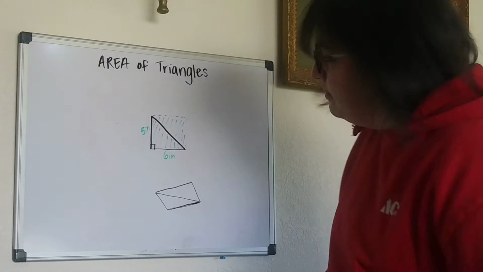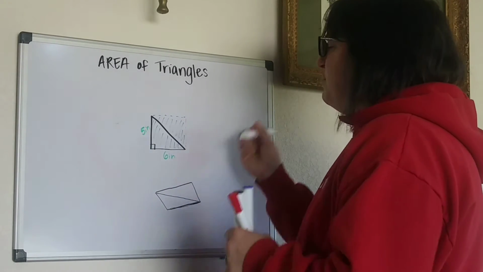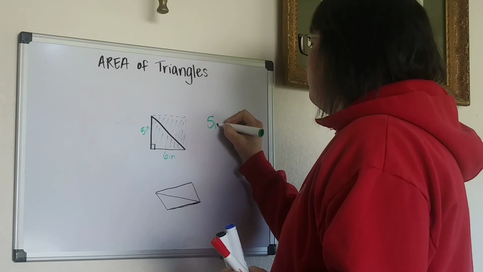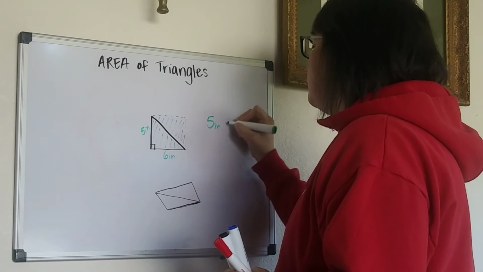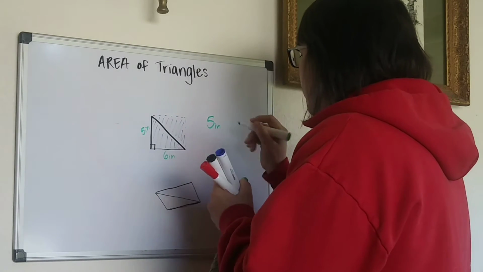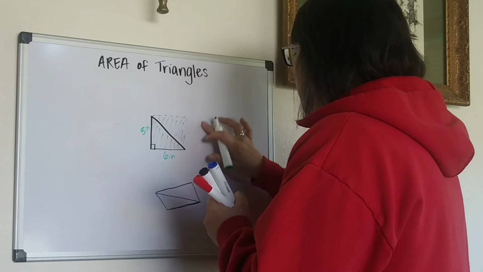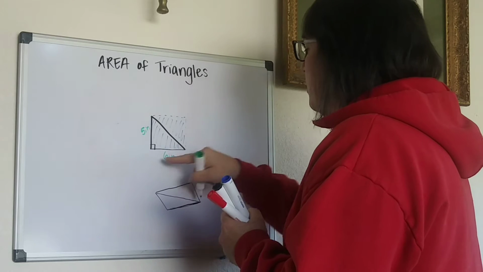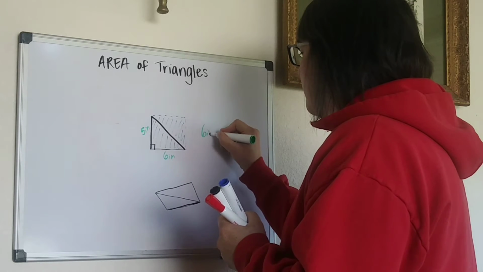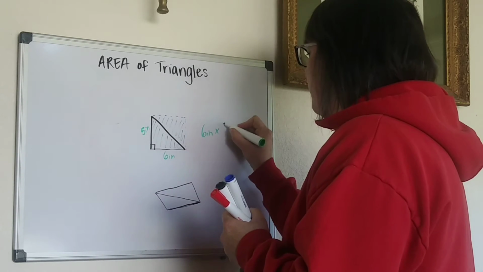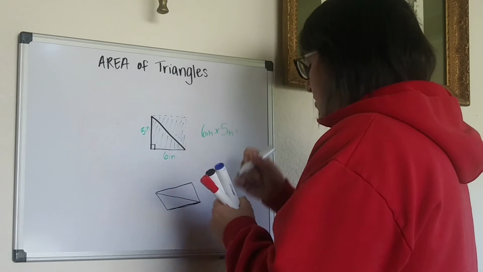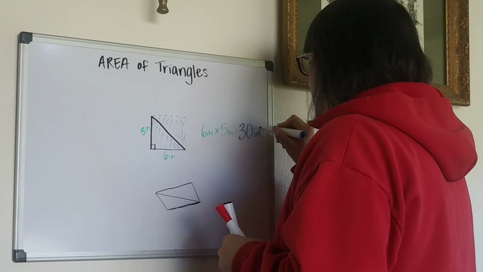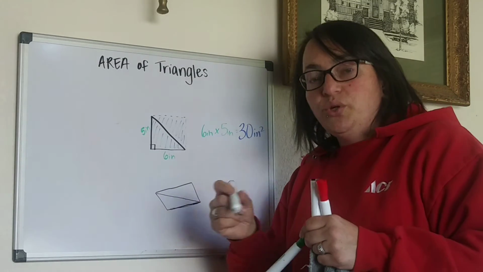So let's come over here to the side and say, okay, base, which is 6, times height, which is 5. That gives us 30 inches squared, but again, that's that whole blue area.